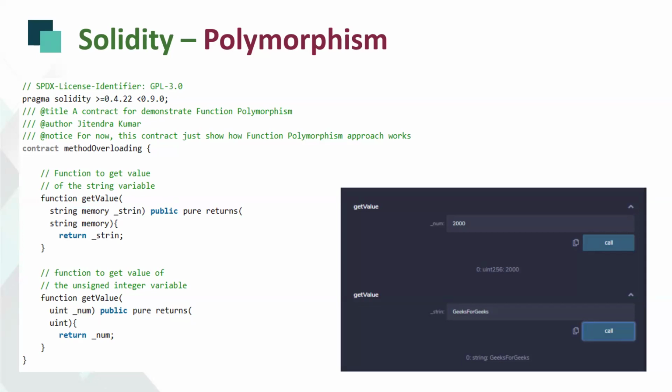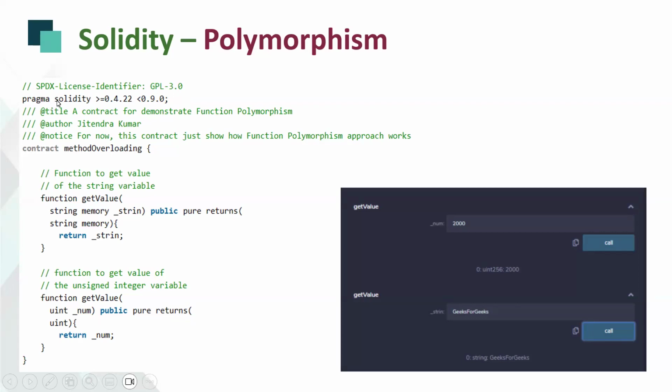SPDX stands for Software Package Data Exchange. It's a standard format for exchanging software license information. In this case, the license is GPL-3.0, I mean GNU General Public License 3.0.